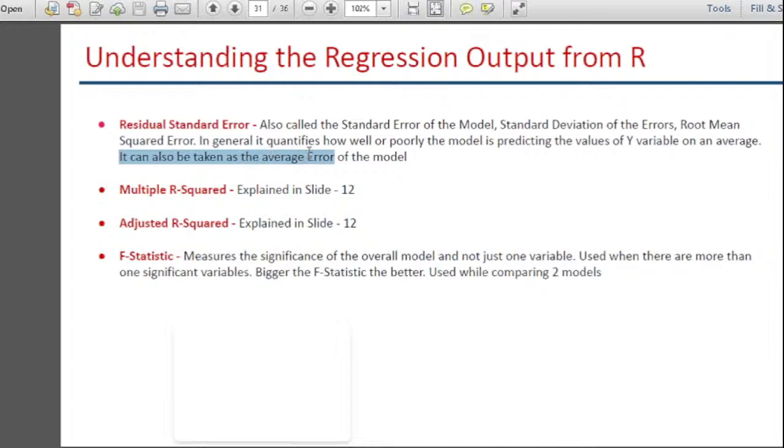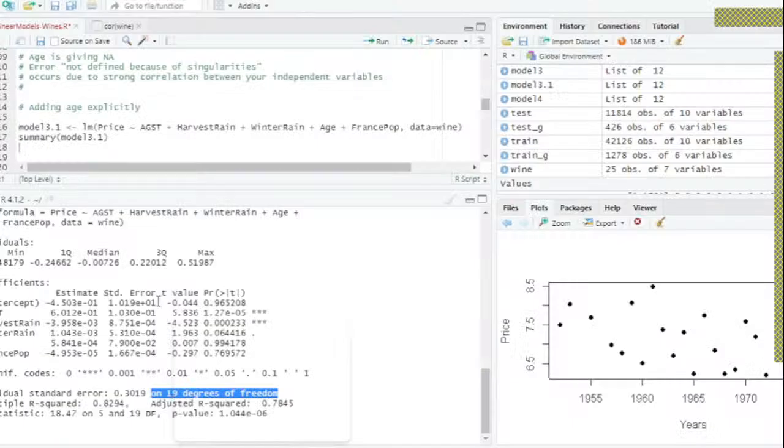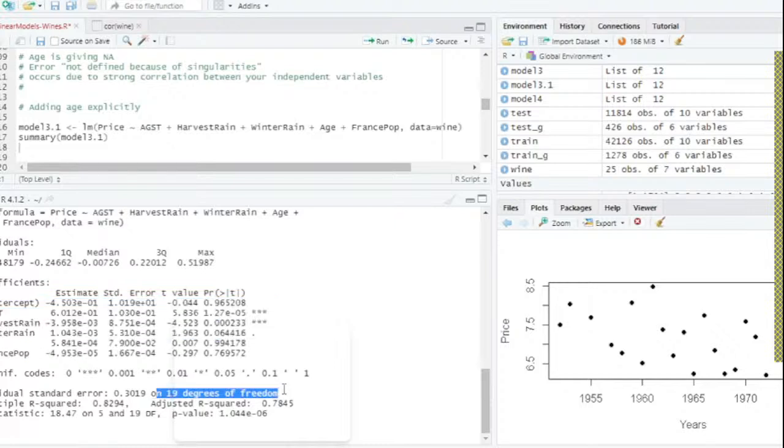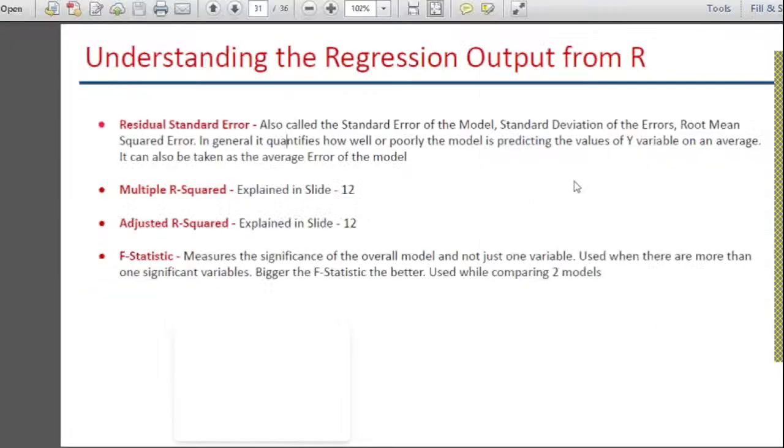It can also be taken as the average error of the model. Notice how many variables I am including in the model: 25 minus 1, 2, 3, 4, 5, 6 gives the degrees of freedom, 19. 25 is the total, minus 6 gives you the degrees of freedom. Bharat, just hold on. Let me complete this. This is the last part, and after that I'll take up your query. We still have to run the final model.